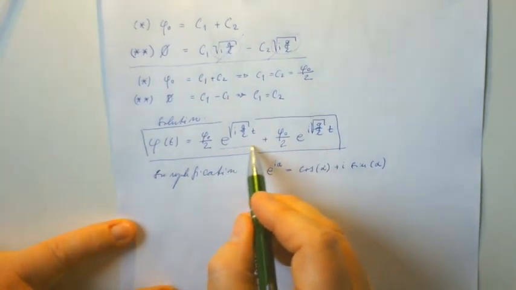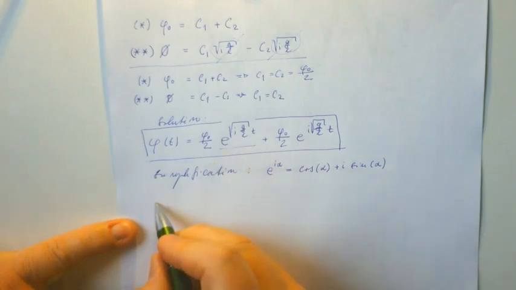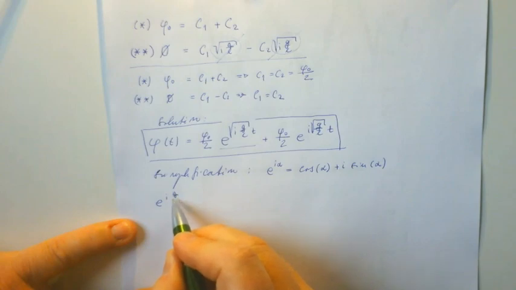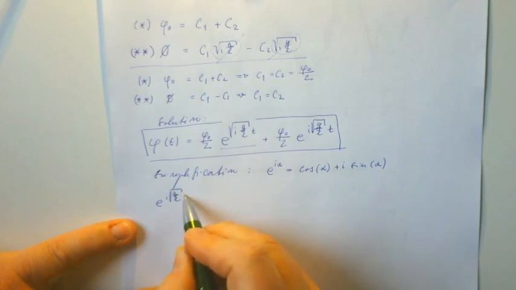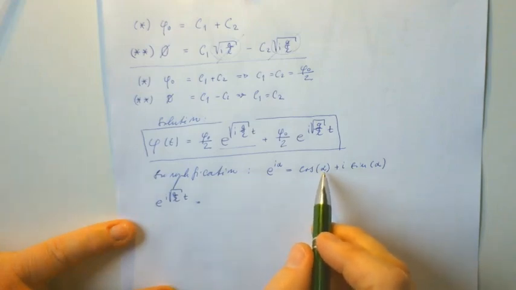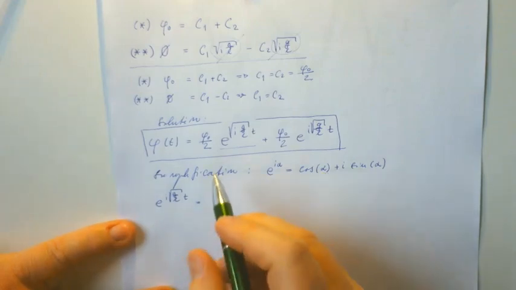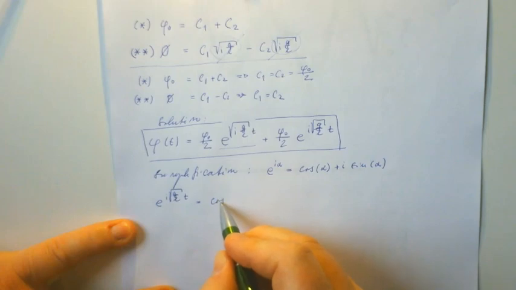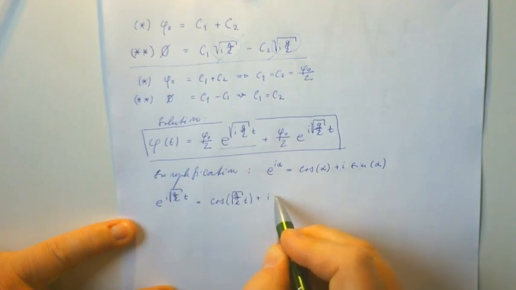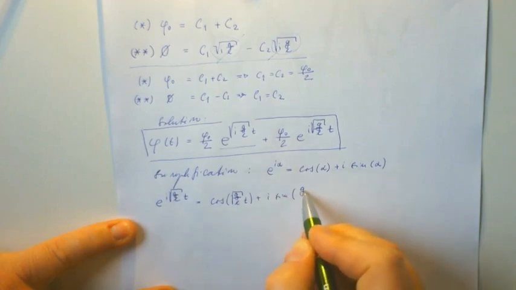So first we take this term, so e to the power of i square root of g over L times time can, following this rule, be rewritten as cosine of square root of g over L times time plus i sine of the same argument.